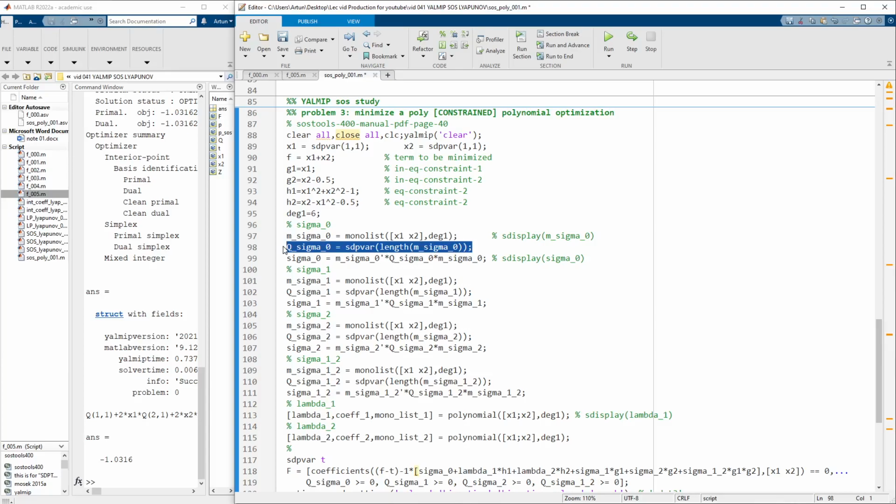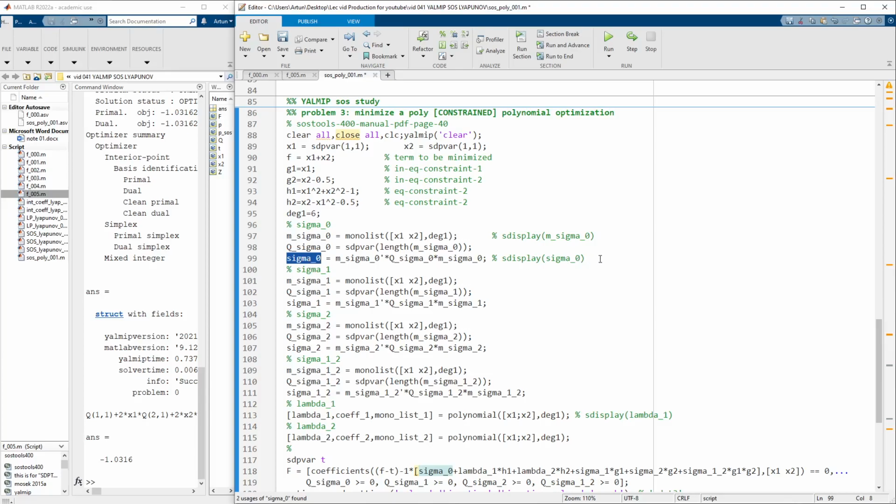For each polynomial you have a matrix. For each SOS polynomial that you need to find, you have a corresponding vector of monomials, and then you have a matrix, and then you construct your SOS. This is the decision variable.